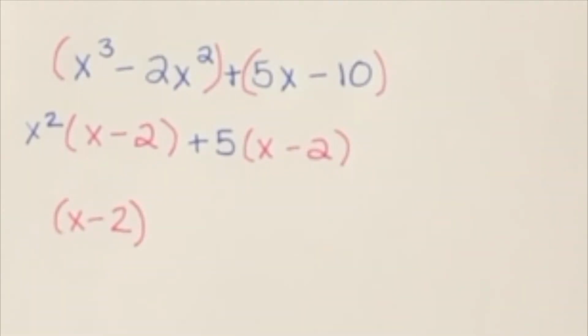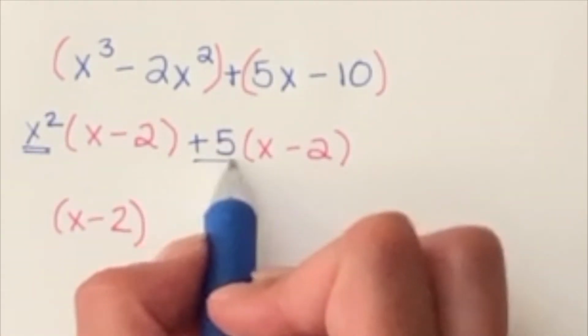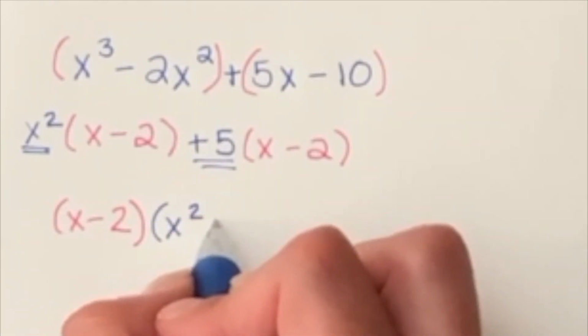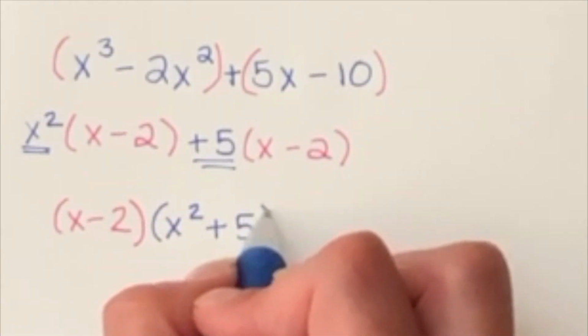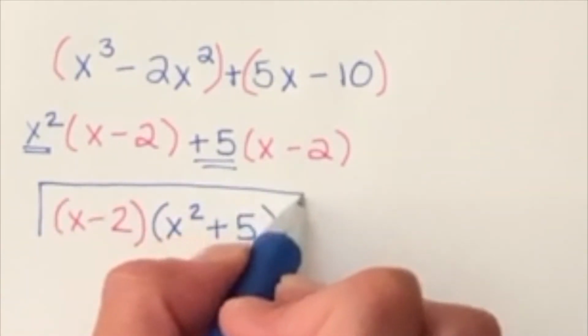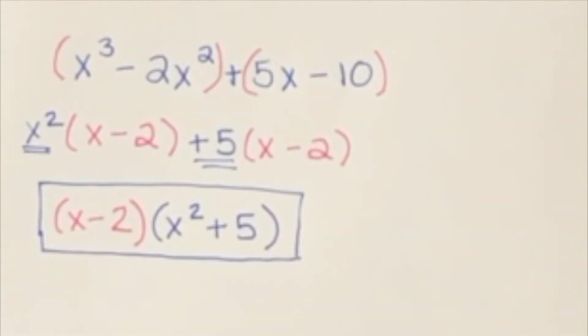And then what's left over, my x squared plus 5, that's going to go in its own set of parentheses. So when I'm done, my complete factorization is x minus 2 times x squared plus 5.